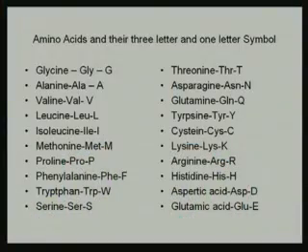For example, if we consider glycine as one of the amino acids, it can be denoted by GLY, that is the 3-letter symbol, and in single letter it is G. Alanine is ALA and A, valine is VAL or V, leucine is LEU or L. In this way, these 20 standard amino acids are classified with 3-letter and single letter symbols.